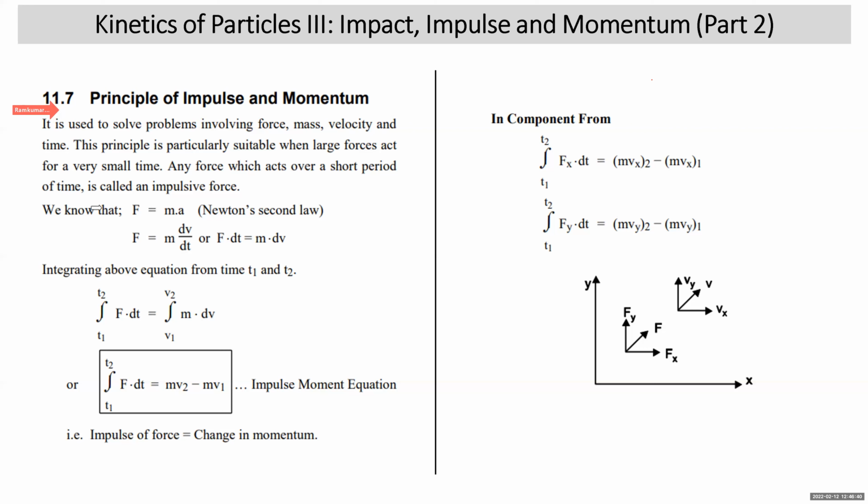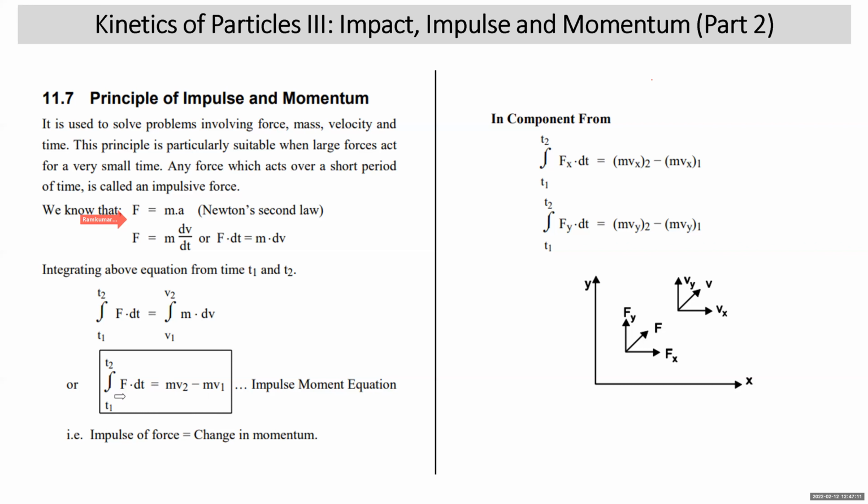All right. So here we derive the impulse momentum principle from Newton's law. F is ma, a is dv by dt. So we can take dt on the left hand side: F dt is equal to m dv. Integrating both sides from time t1 to t2, the integral of F dt, and m dv with limits v1 to v2, gives m v2 minus m v1. So the right hand side becomes the change in momentum.